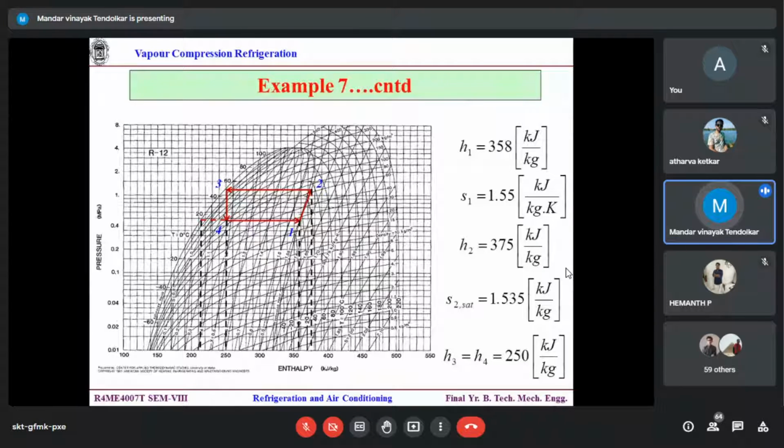If you want an even more accurate value, you can refer to the table, actually chart and actually table. I found it by linear interpolation.